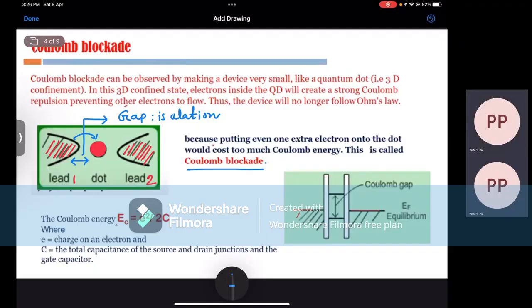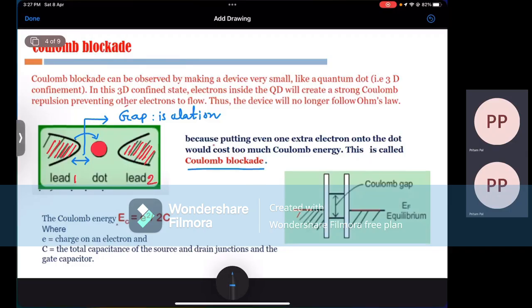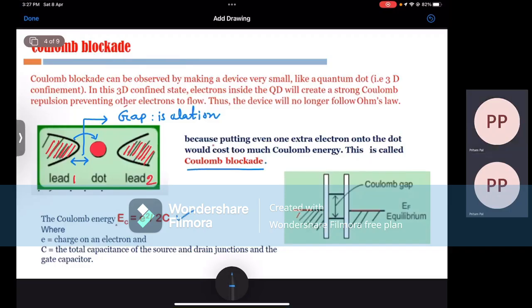You know from your class 12 physics that Coulomb energy is given by this expression, right? This is for two electrons. So this much energy you have to spend.